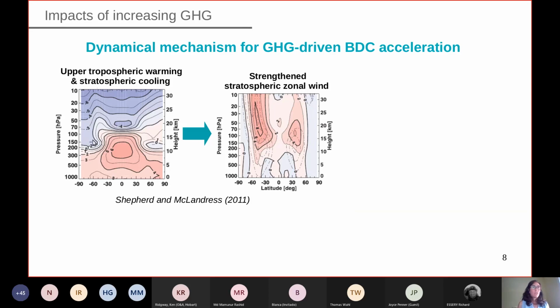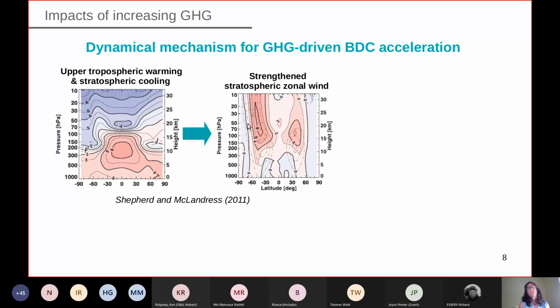And it's the following. So we know that greenhouse gases warm the troposphere and cool the stratosphere. And this leads to changes in the meridional gradients of temperature, which, as we know, are related to the vertical shear of the zonal wind.